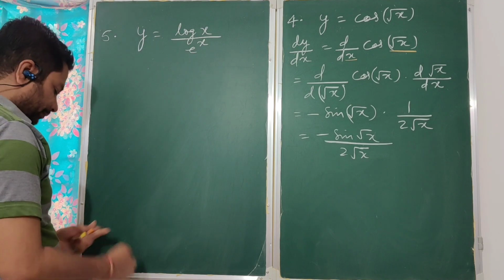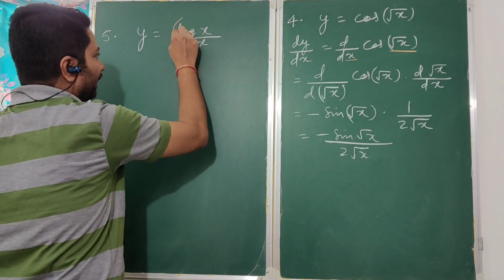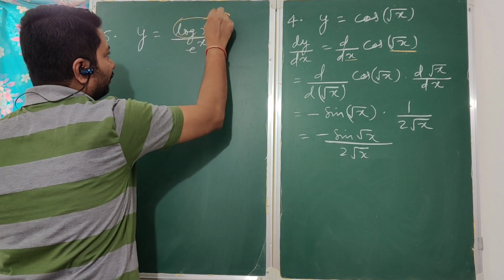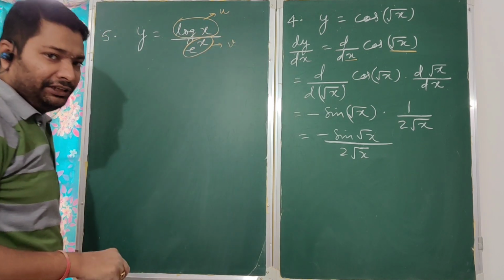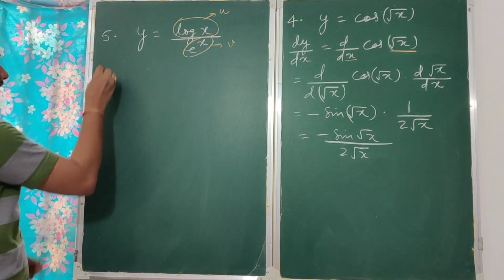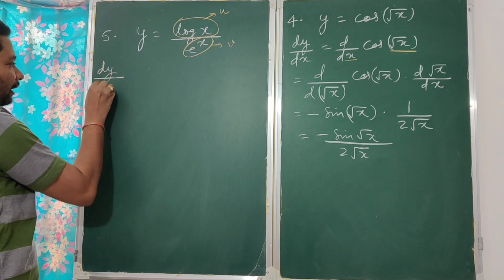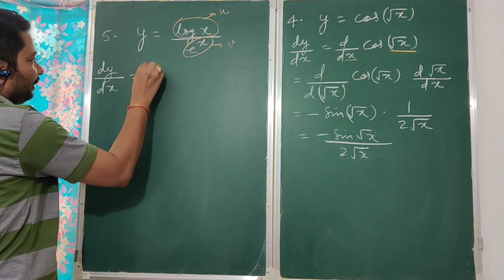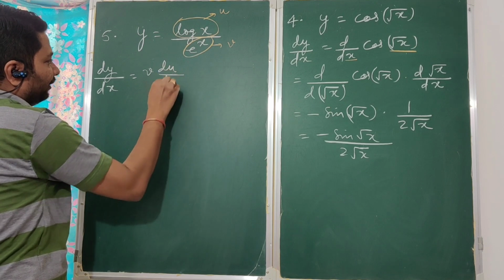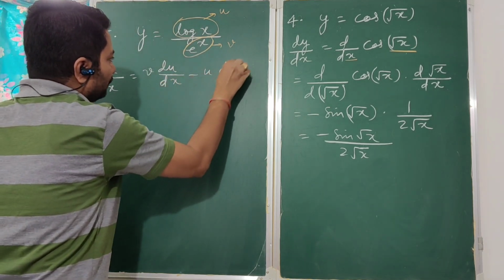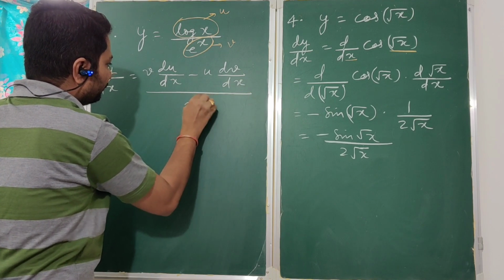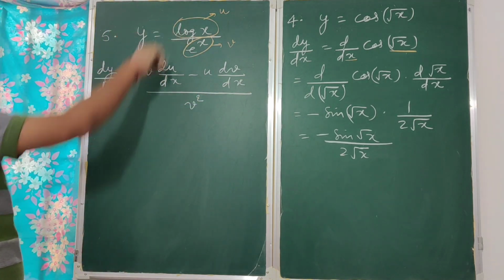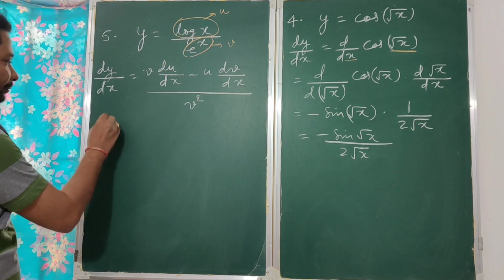How do we do it? You have to understand that this is u, this is v. So this is of the form u by v. And what is the differentiation? I'll write the formula. dy by dx is equal to v du by dx minus u dv by dx, by v square. Correct? So now we'll make use of this formula.